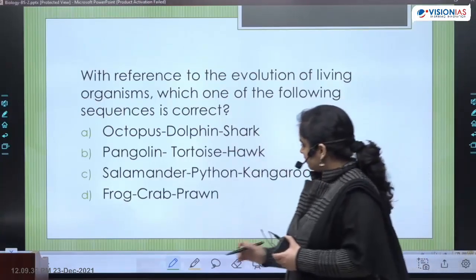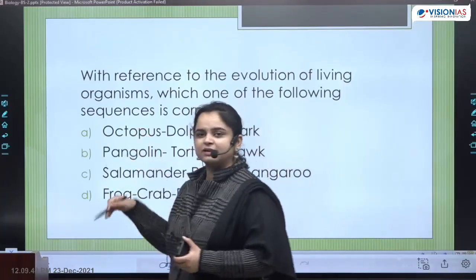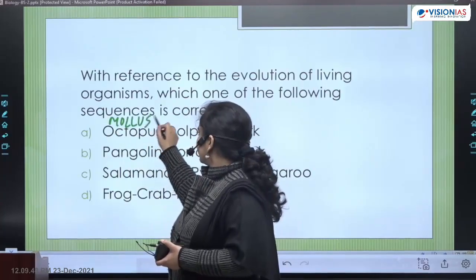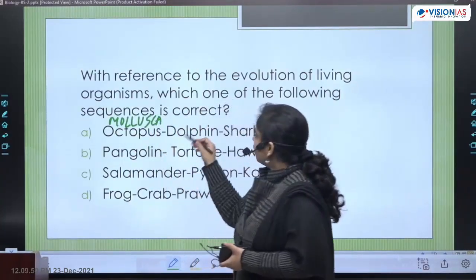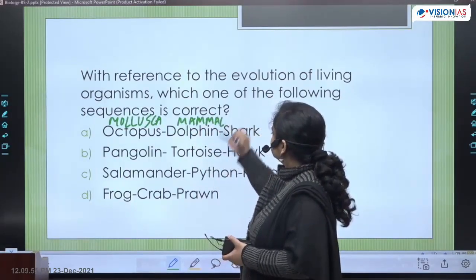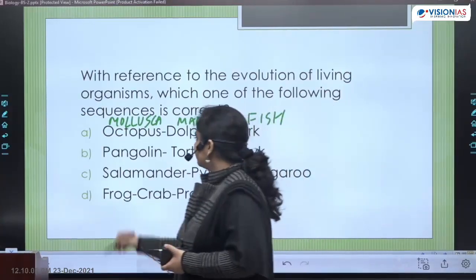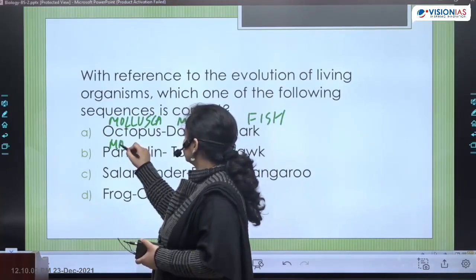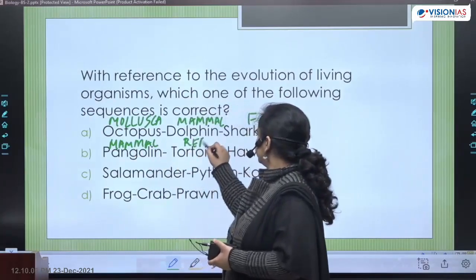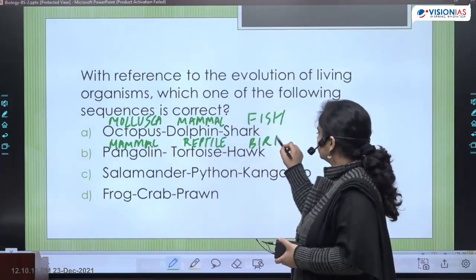Tell me for each of these, octopus, which group? You have to tell me the groups so that I know how you came to the answer C. Mollusca. Dolphin is a mammal. Shark is a fish. Okay. Then pangolin, mammal. Tortoise, reptile. Hawk is a bird.